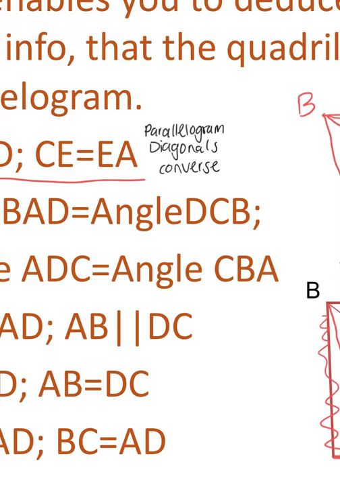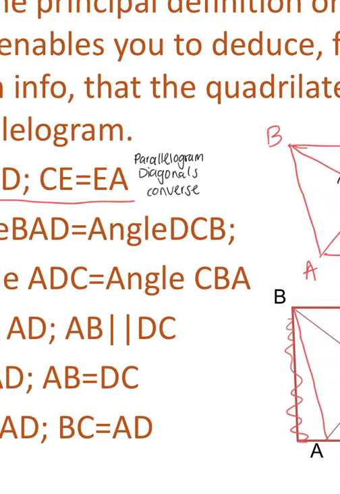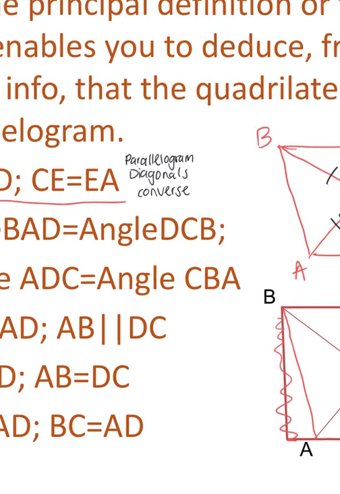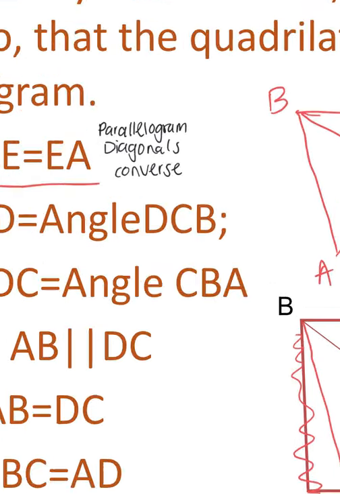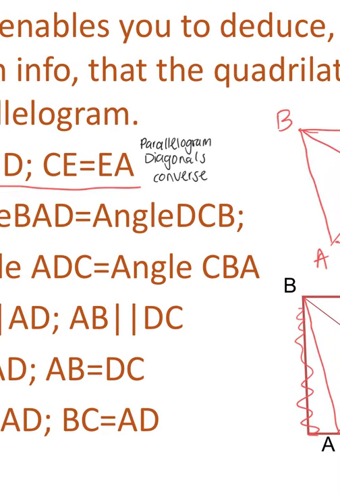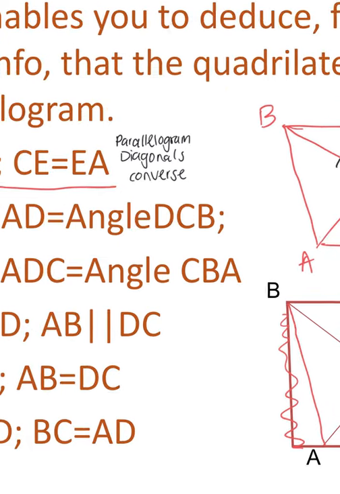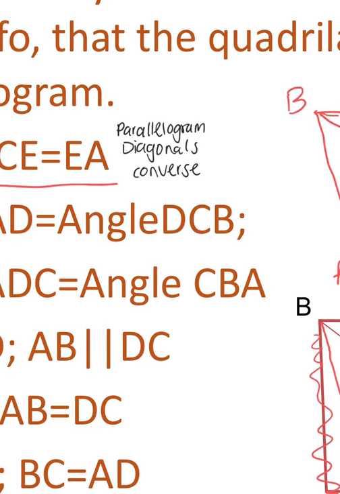Beautiful. Okay, angle BAD equals angle DCB. And angle ADC equals angle CBA. What theorem? Is it the parallelogram opposite angles converse?